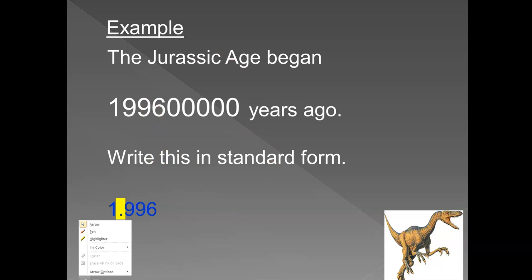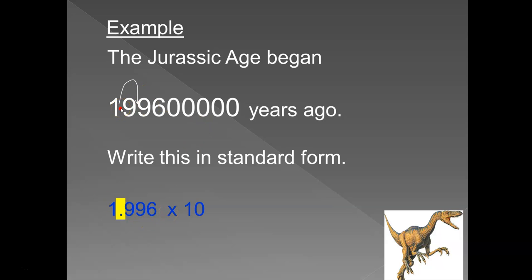Alright, so here we have a number less than 10. How did we get that number? So we have the number less than 10, 1.996. You're seeing that it's coming from here. And it's been multiplied by 10, but what power of 10? So we need to see how many places we move the point to actually get to 1.996.